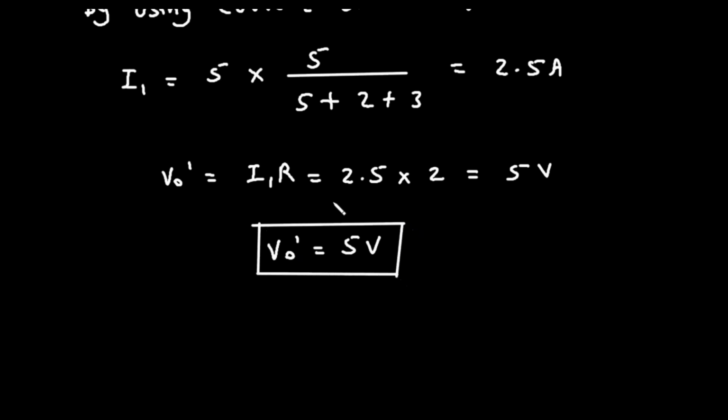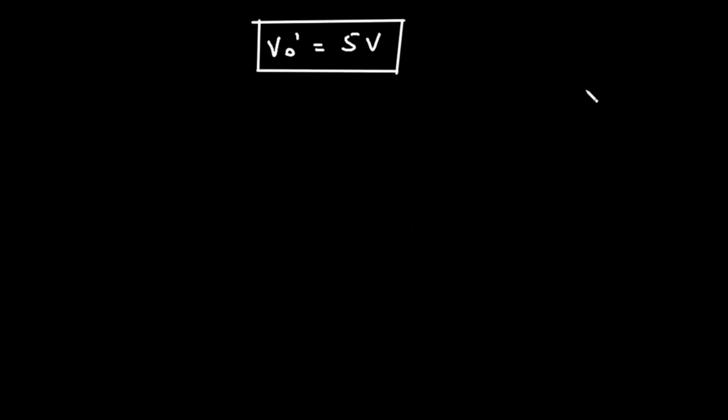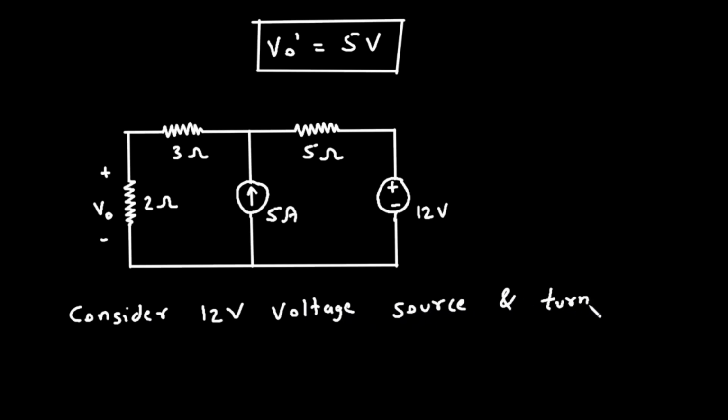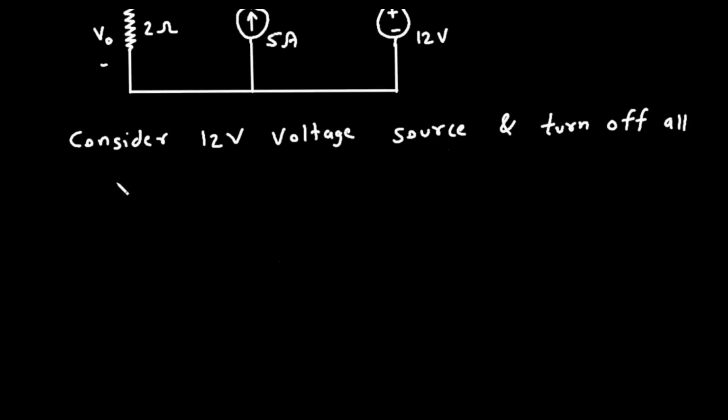Then next, similarly, we will consider this 12 volt voltage source and then find the value of this VO. So now we will write: consider 12 volt voltage source and turn off all other sources.